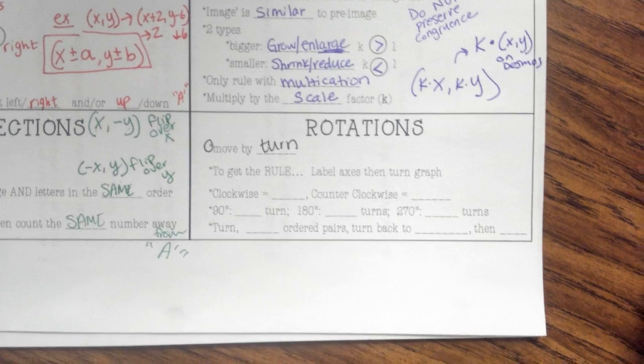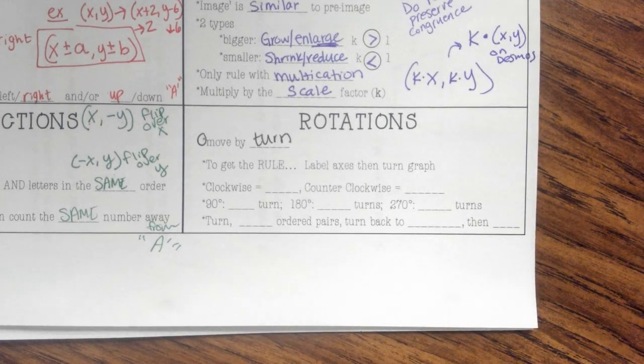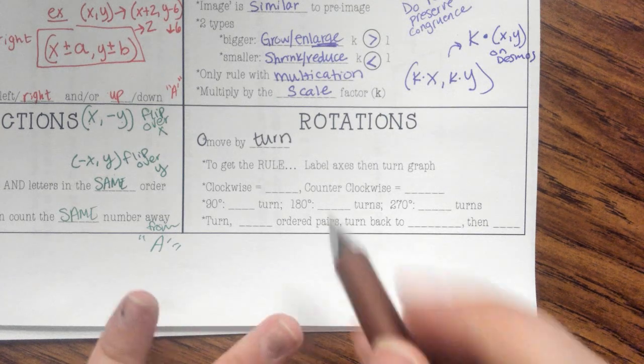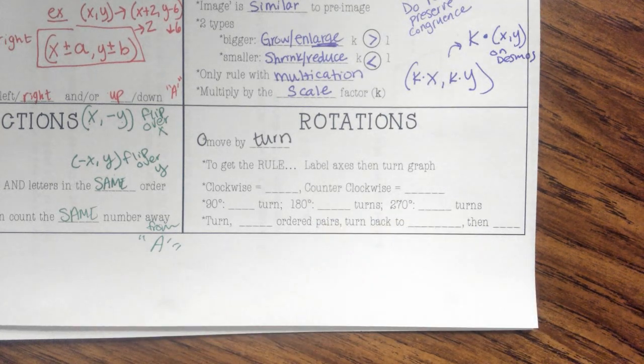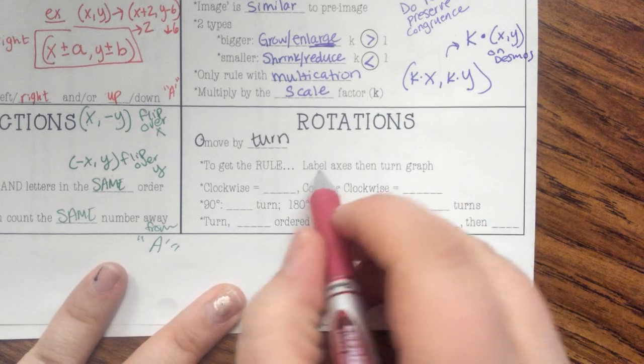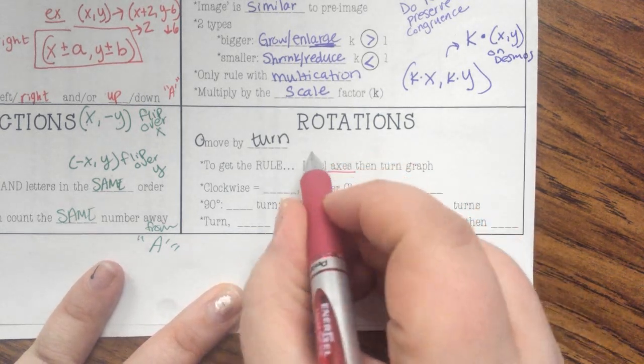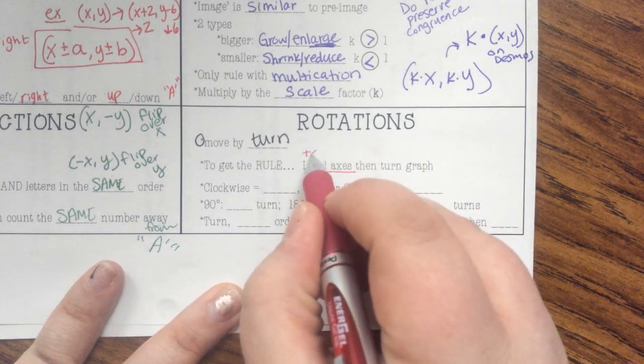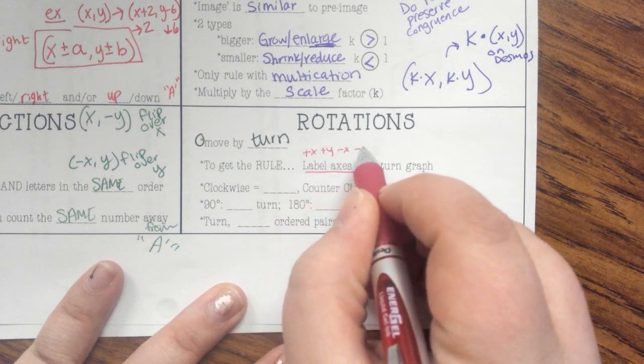Now we're on rotations. To get the rule, you have to label the axes of your graph. So that's labeling with a positive x, positive y, negative x, negative y.